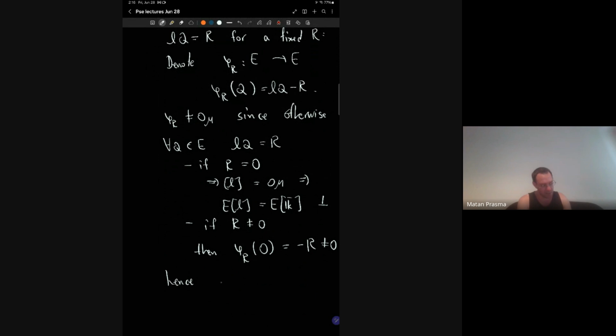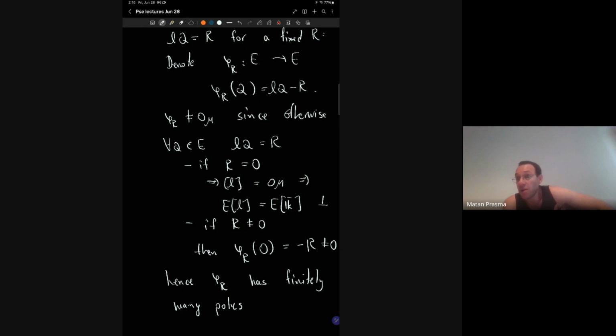Hence, phi R has finitely many poles. Because we said it about rational functions, but this propagates into rational maps. I mean, a rational function can only have finitely many points in which it gets infinity.